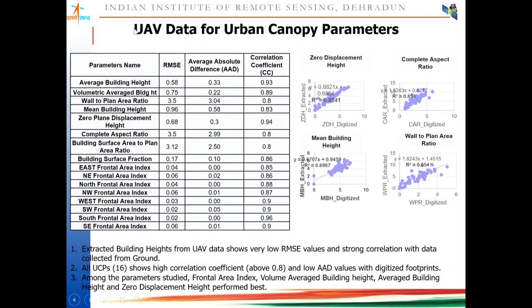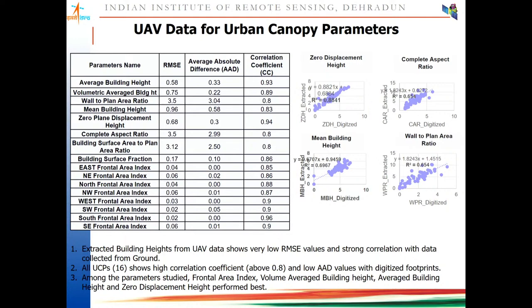Now this UAV data has been utilized with morphometric equations for computing a number of parameters like average building height, volumetric average building height, wall to plan area ratio, mean building height, zero plane displacement height, complete aspect ratio, and building surface area. So many parameters have been computed and validated.